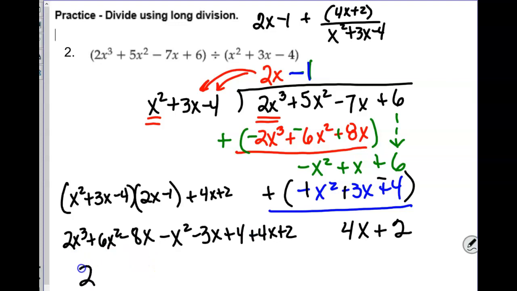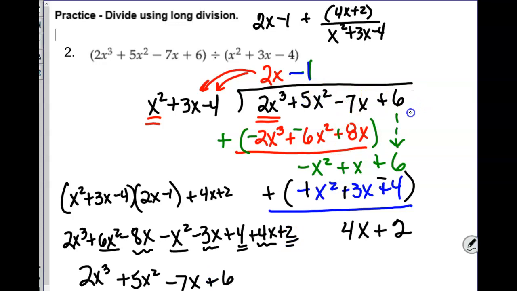So I have a 2x cubed. The x squareds combine to give me 5x squareds. Negative 7 and negative 3 is negative 11, plus 4 is negative 7. And I have back here a 4 and a 2, which is a 6. So it did FOIL back to that, right? And I added the remainder in. Lovely.